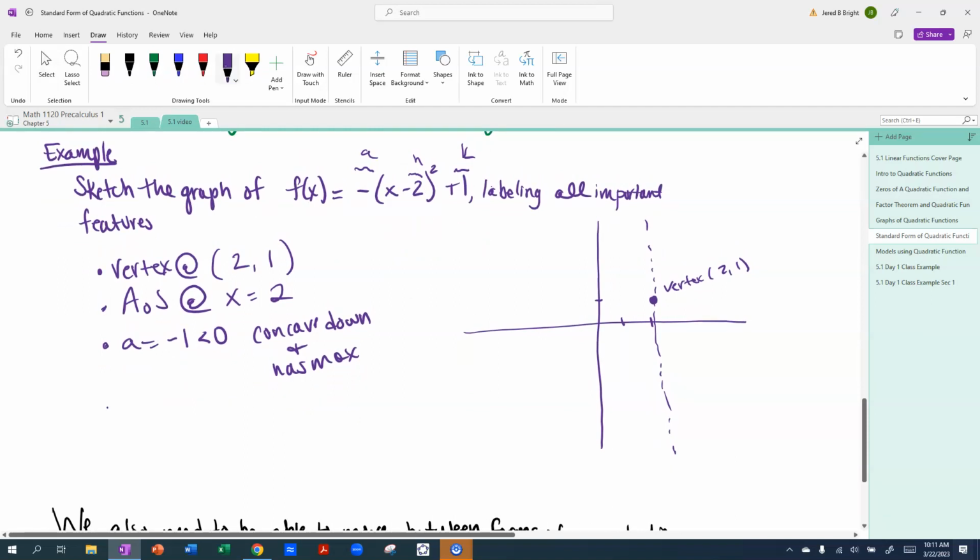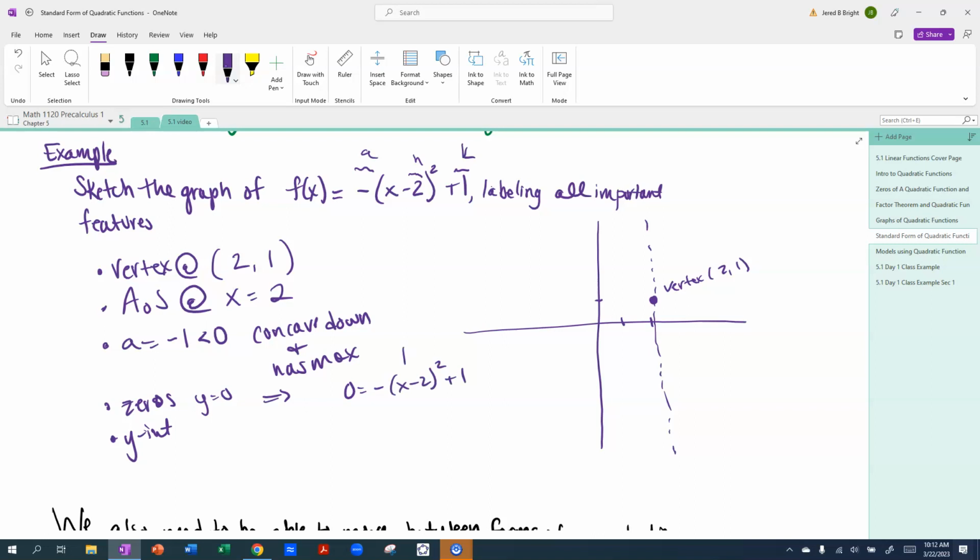The other things that I typically like to plot are the zeros, and the y-intercept. And for each of these, let's go through and do the math. So zeros, I would set y equal to 0 and solve for x. If I do that, I would have 0 is equal to negative x minus 2 squared plus 1.